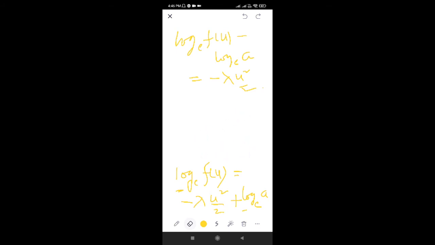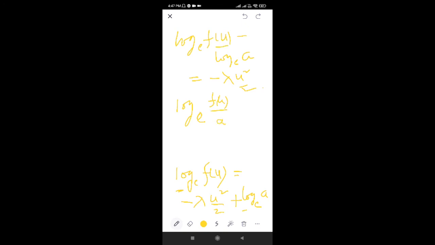Now simplify using the formula log m minus log n. What is its value? Log m minus log n means log m by n. What is the LHS value? Log base e, m by n means f u by a.